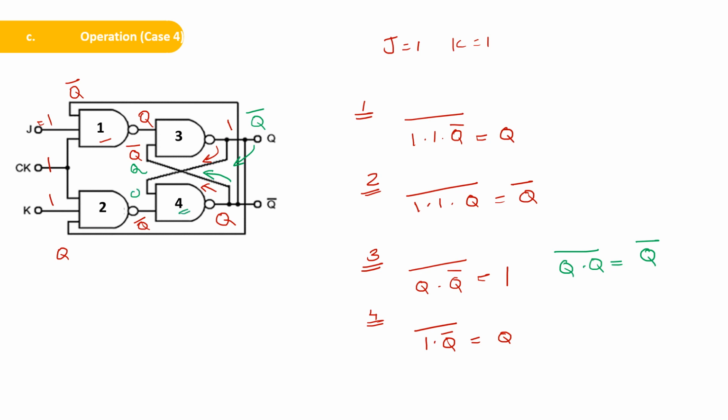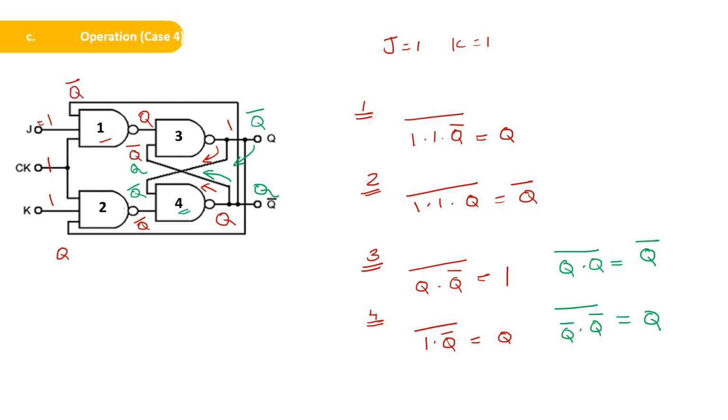The second input is also Q complement. So if you take NAND gate 4, both inputs are Q complement, and its complement is equal to Q. So now it becomes Q.